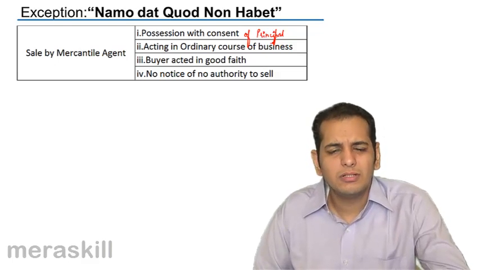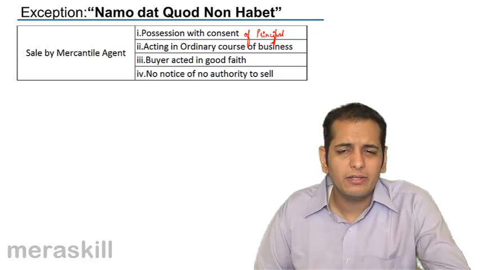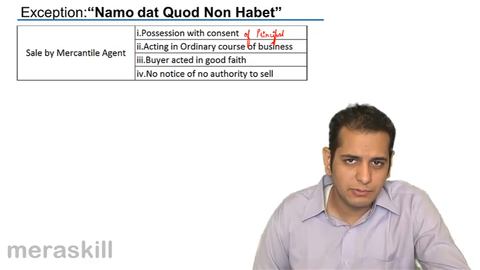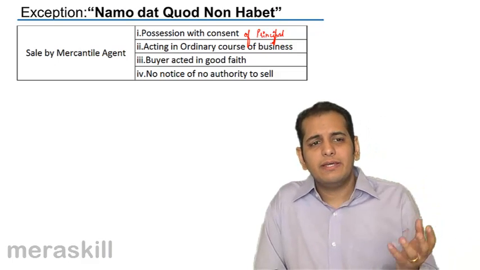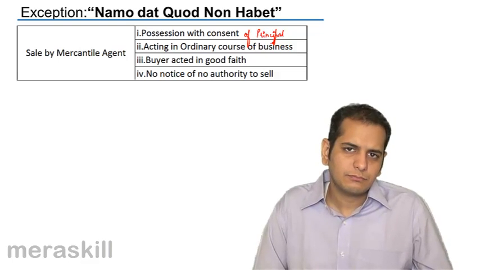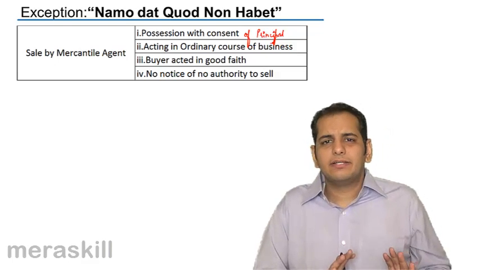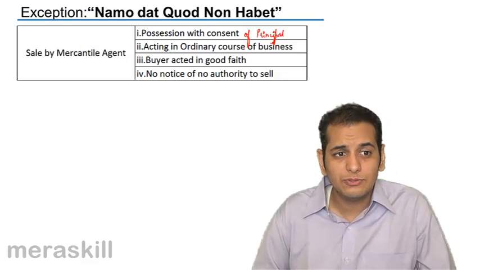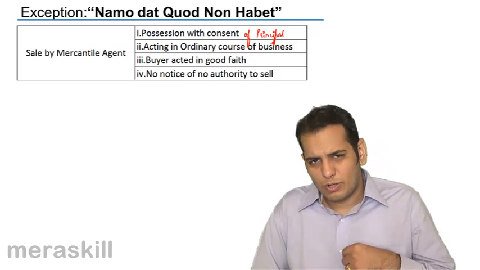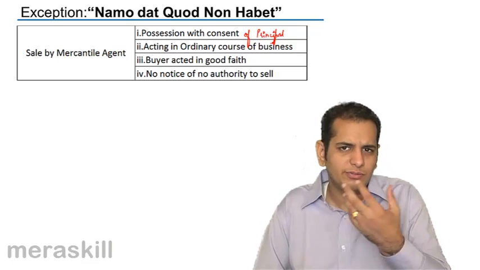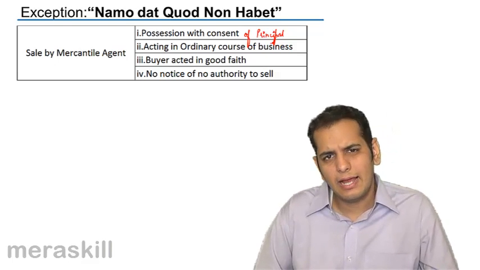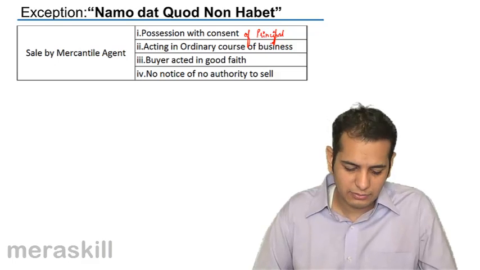In the normal way as a person with normal prudence would act for conducting that business. So he should be acting normally for doing that business. He should not be going out of the way for selling the goods. Whatever he is doing, selling or purchasing, he should be doing it on behalf of the principal and in the normal way as it is to be done.